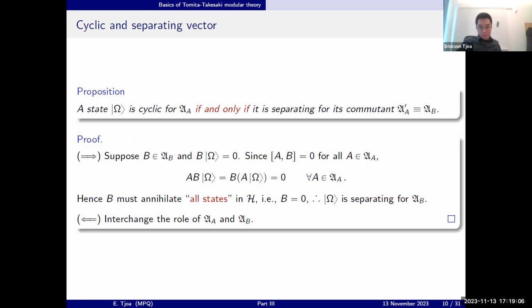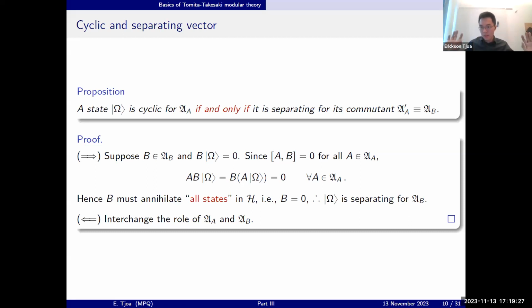Now you can also prove an interesting thing: if a state is cyclic for one algebra, then it has to be separating for the commutant. If you think of Alice and Bob being separated in a spacelike sense, so their operators always commute, then if a state shared by both of them is cyclic for Alice, it has to be separating for Bob.